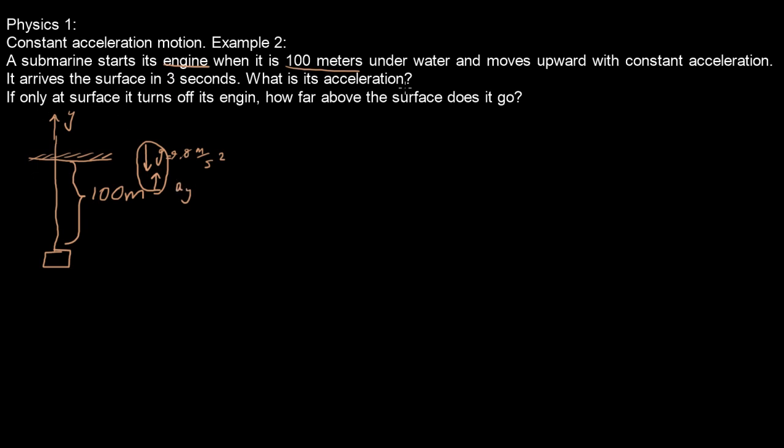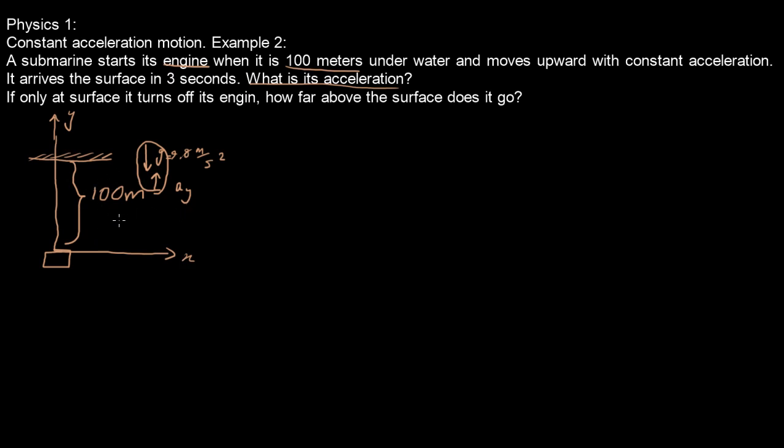It asks us to find it. What is the acceleration? Basically this acceleration is a combination of all the accelerations due to gravity, due to the engine, and also due to friction of water, because there is water under the surface. If I put the x-axis here, it doesn't matter where I put it.